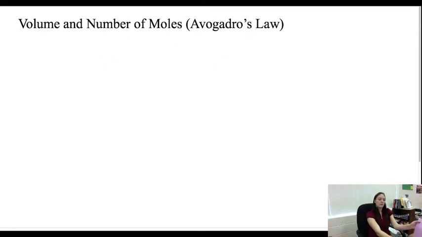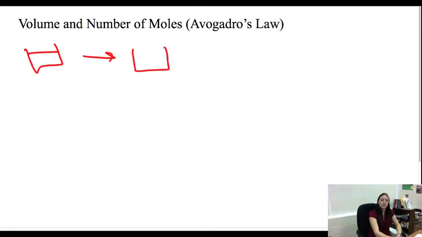Okay, look at the next one. We have volume and number of moles. This is Avogadro's law. If I take my container and I start with a certain volume and I have this amount of moles, and I'm going to add more of them in there, so now I've got lots more particles, lots more moles. When we look at moles, we have the n.